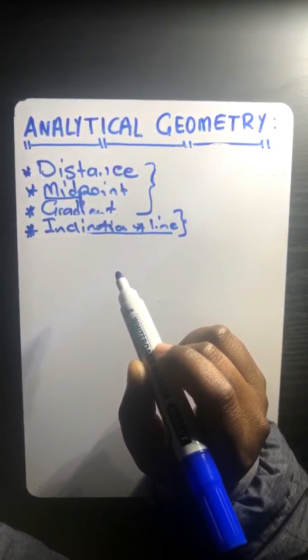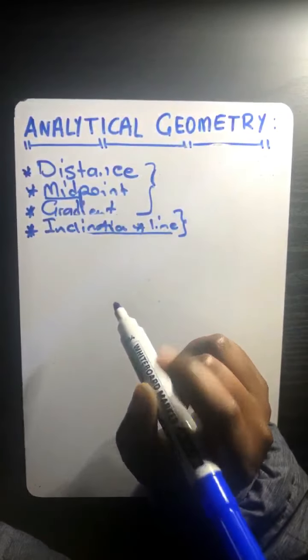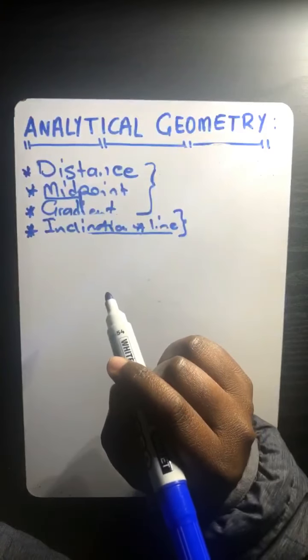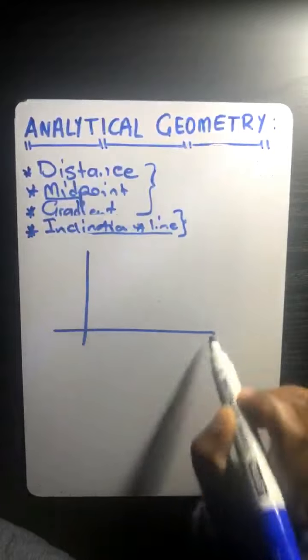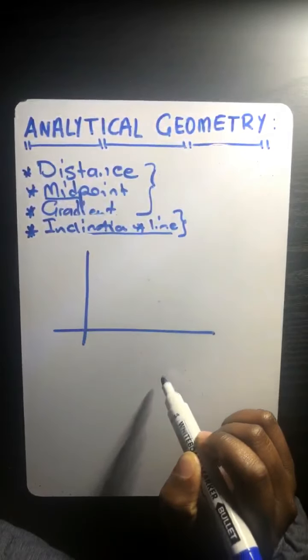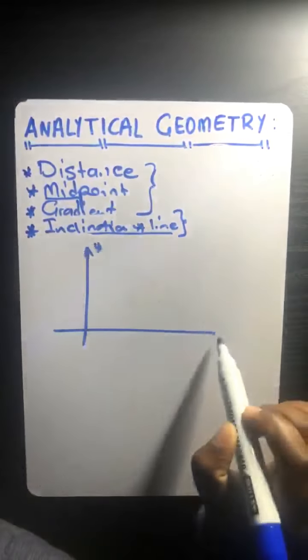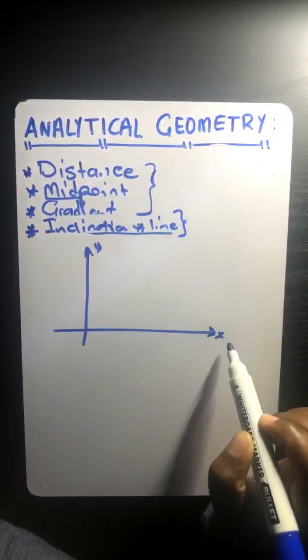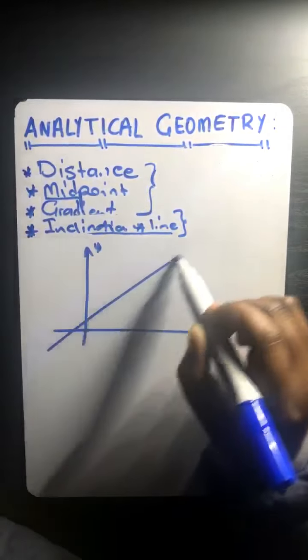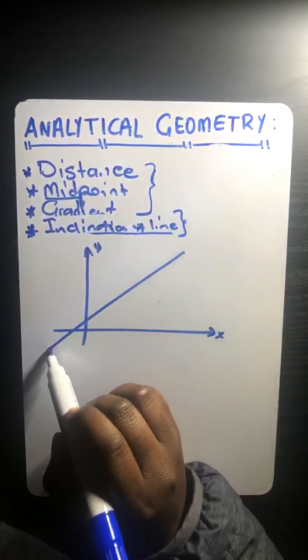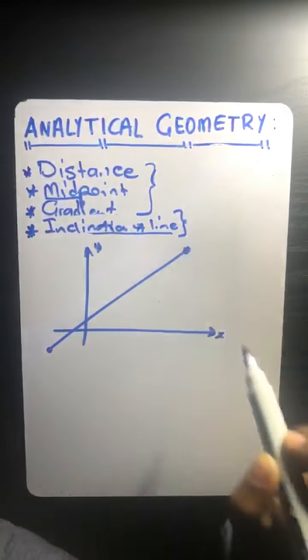Ladies and gentlemen, I want you to be aware of something. Let's say we've got a Cartesian plane, y and x axis, and a line with 2 points.